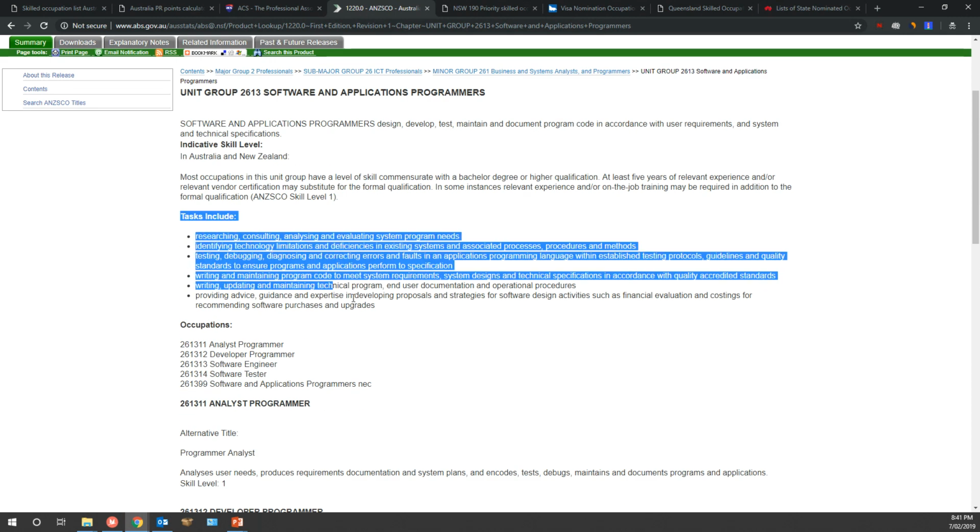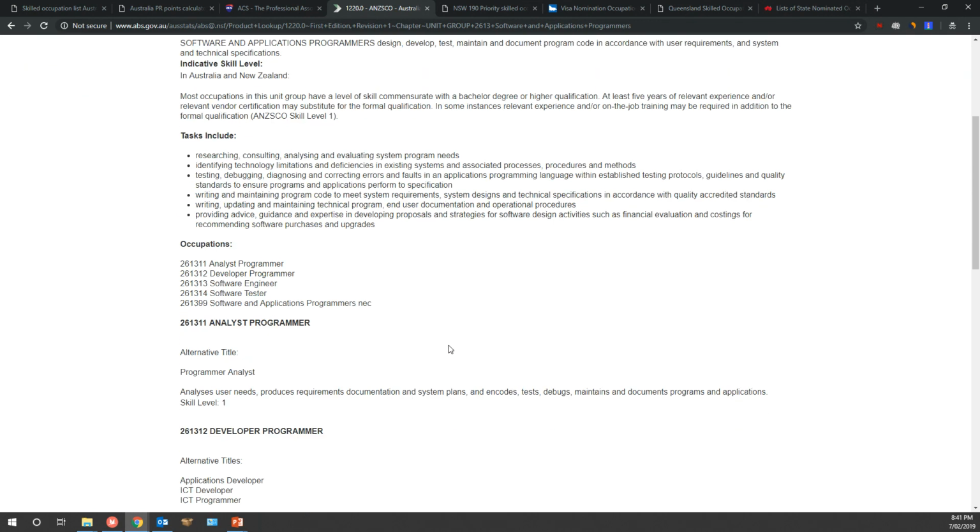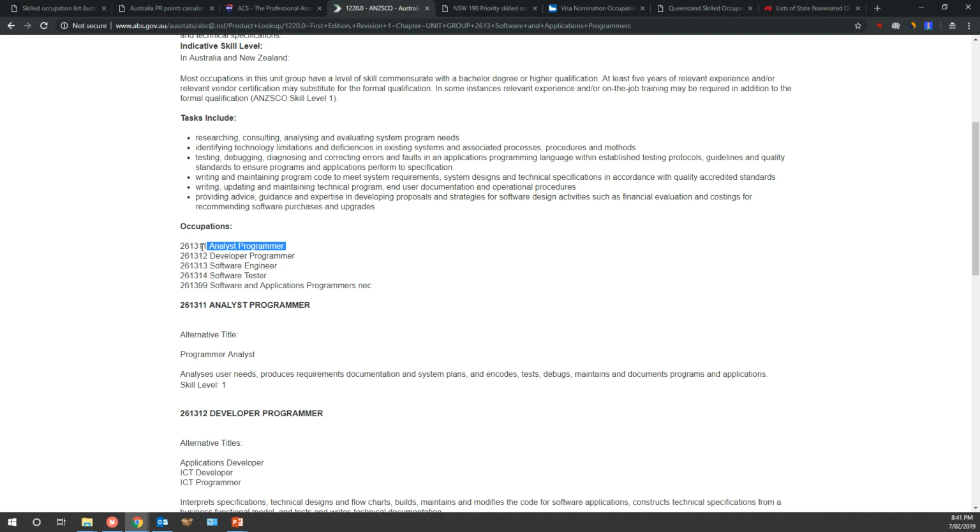These are the tasks which would be expected. This is for the whole group, all right? 2613. And then there are the occupations. Analyst programmer, programmer analyst. Analyzes user needs, produces requirements, documentation, and system plans, and encodes, tests, debugs, maintains, and documents programs and applications. Skill level 1.